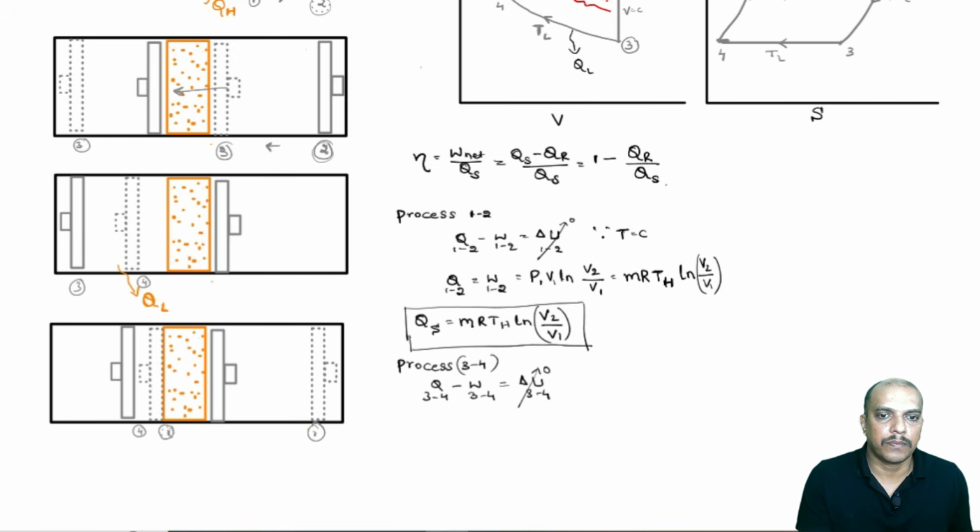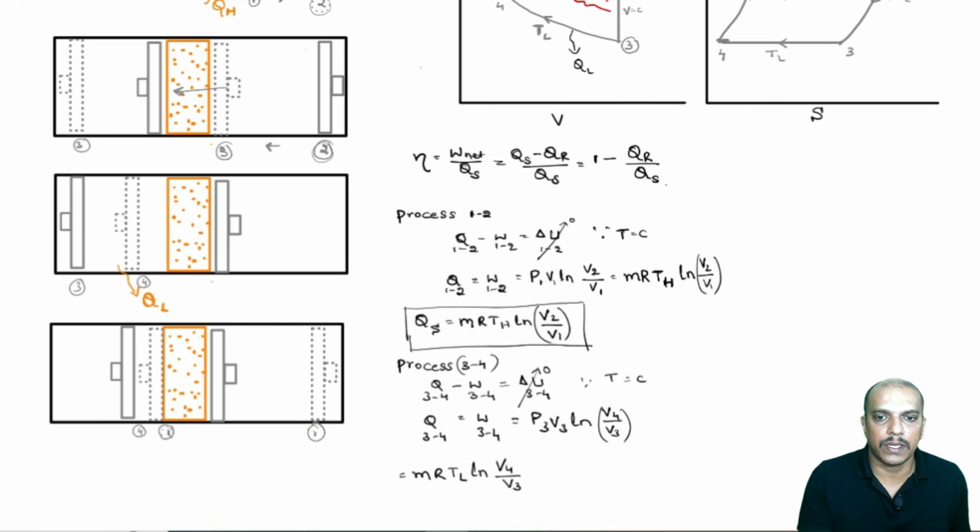Delta U becomes 0 because it is a temperature constant process. Q 3 to 4 is equal to W 3 to 4. Now, what is this work transfer or heat transfer? P3 V3 ln of V final, that is V4 by V3, or we can say mRT3. Now, T3 is what? A lower temperature. So, let me write mRTL ln of V4 by V3.